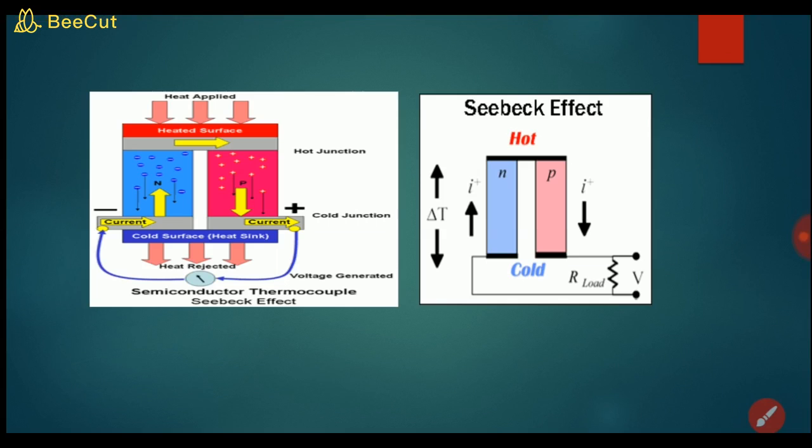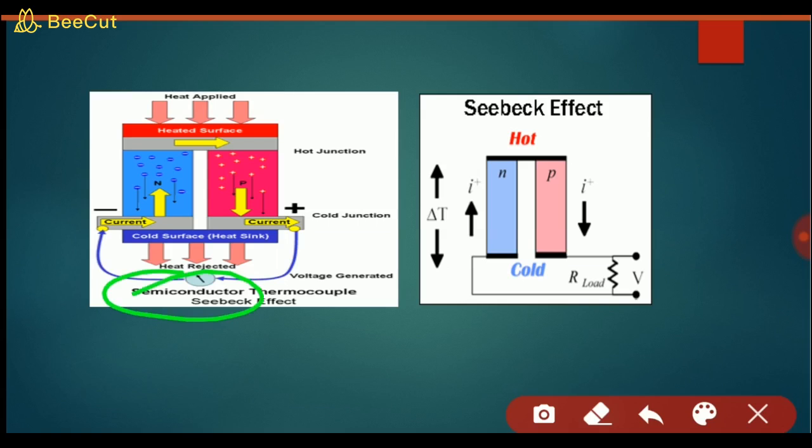this is a diagram representing the semiconductor thermocouple Seebeck effect, students, and you know that whenever a semiconductor is involved, it means an N side and a P side make a device. So the P side consists of holes and the N side consists of electrons, and a heated surface is applied on this, the hot junction, and there is a cold junction, so heat is rejected.